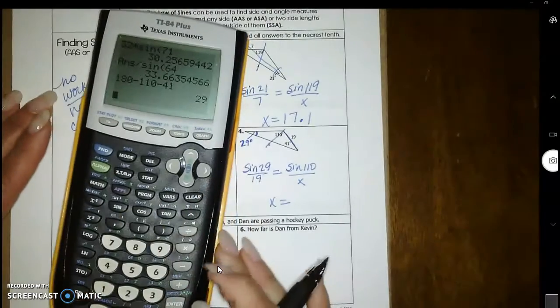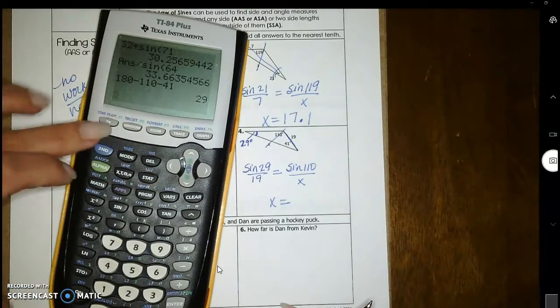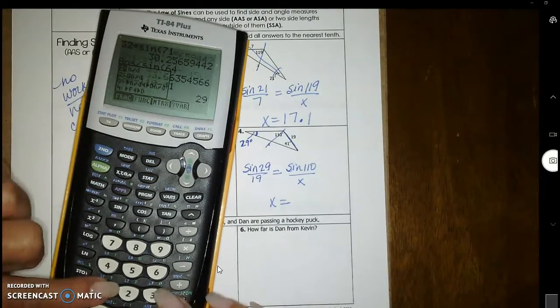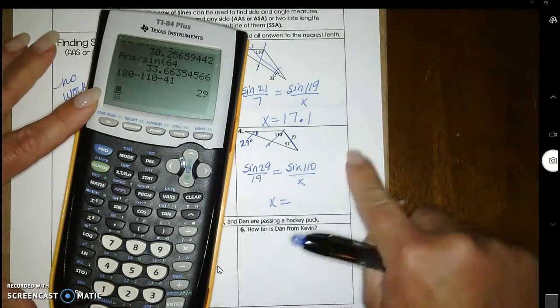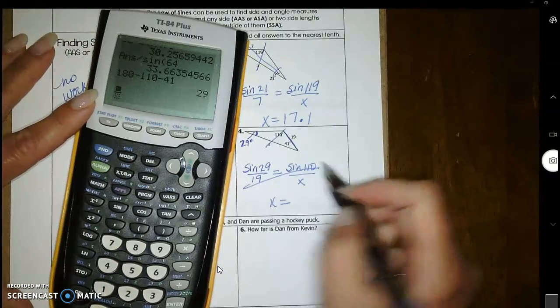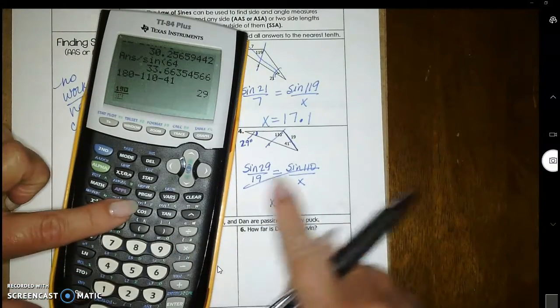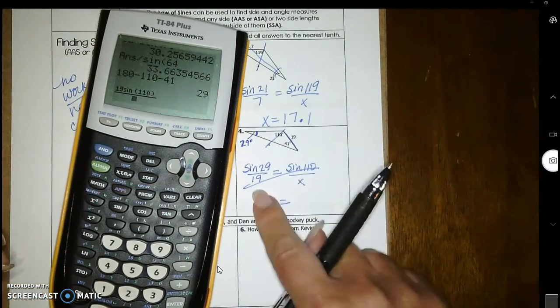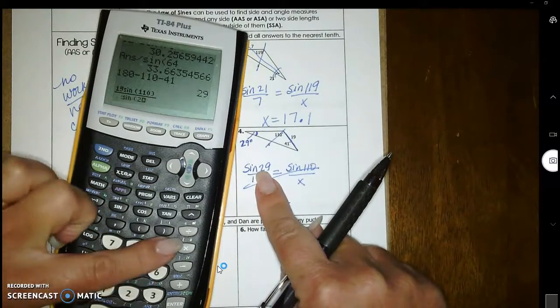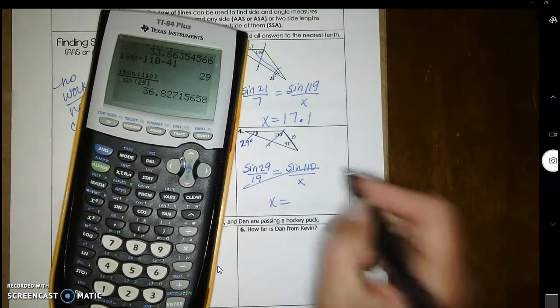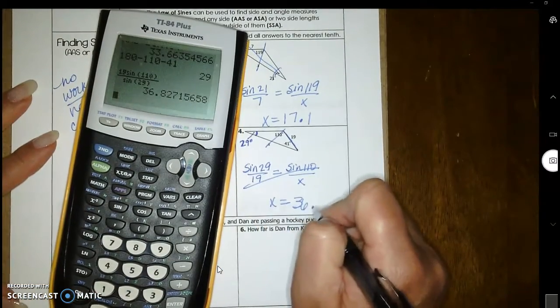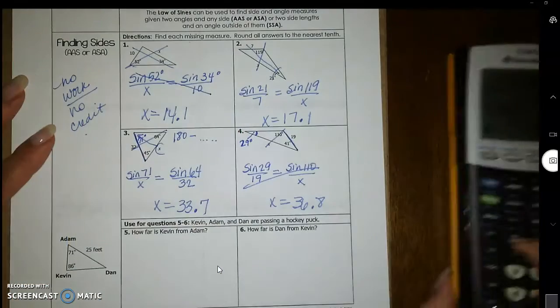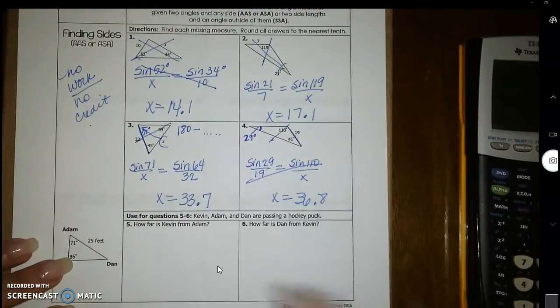Let's type all that in. I'm going to do what I know some of you like to do, which is the fraction thing this time. As I cross multiply, I'm going to do 19 sine 110, go to my denominator, and divide by the sine of 29. This is just another way to type it in. 36.8.